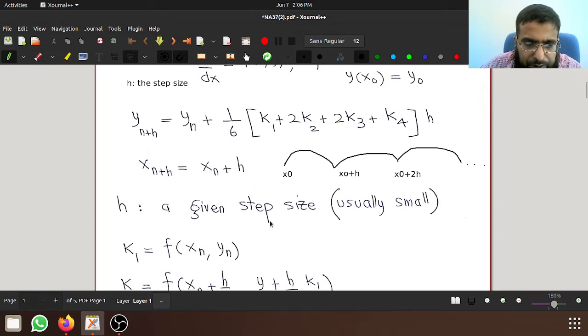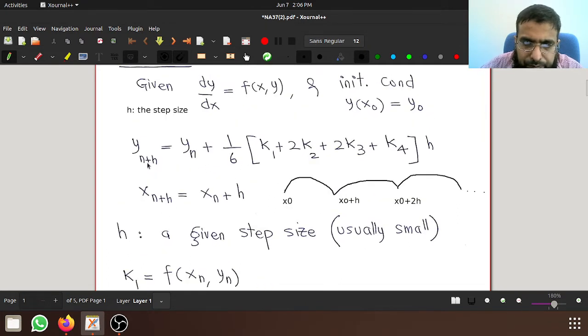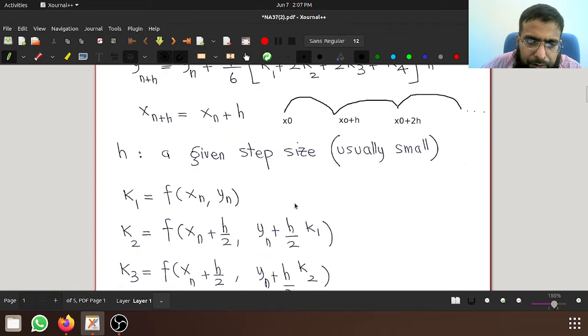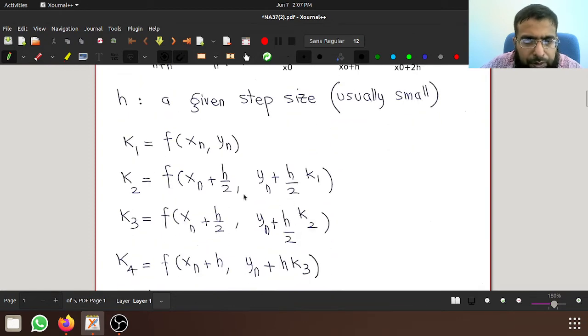It is a small step size, but the formula that computes y at some desired value x n plus h is based on the value of y at some previous value, y n, and is based on k1, k2, k3 and k4. These k1, k2, k3 and k4 are computed using these formulas.